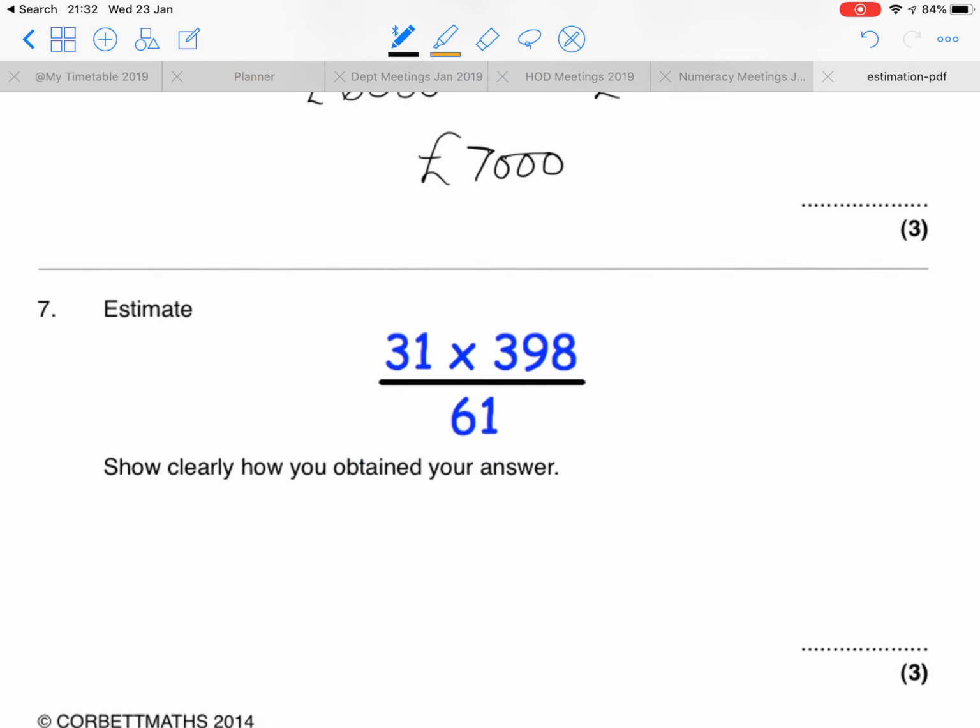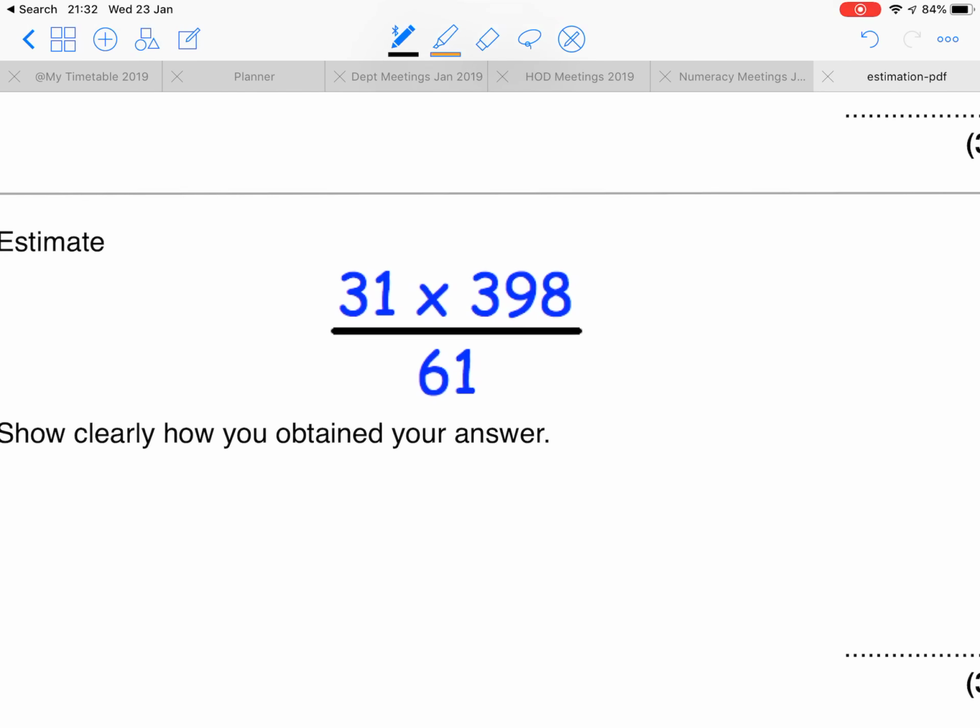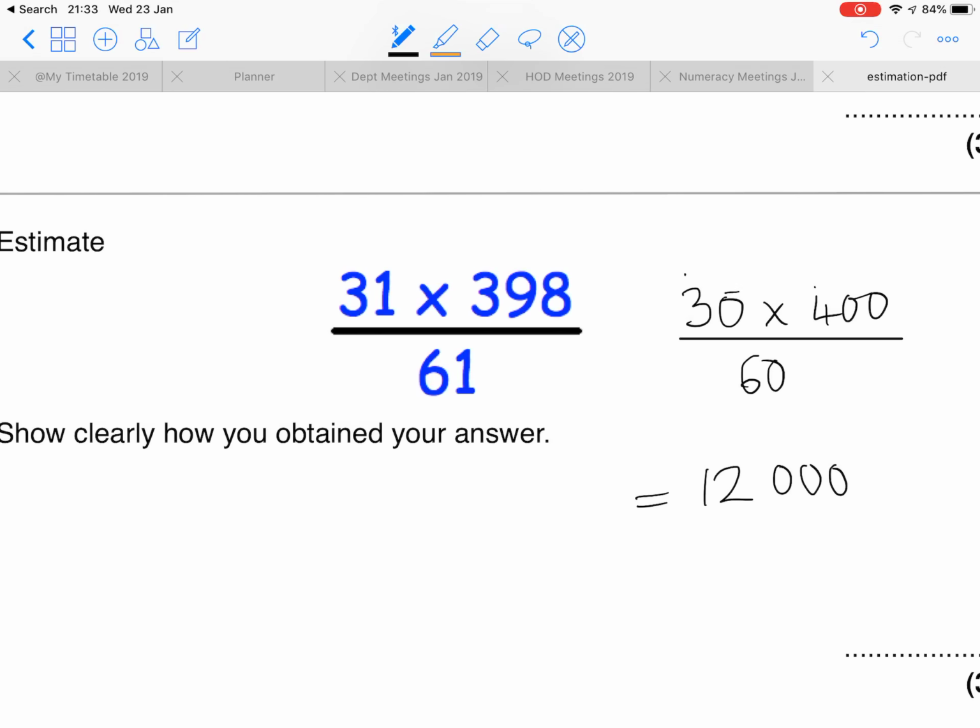Third and final one, similar to question 5. So we're going to have on the numerator 30, 400, and a 60. 3 4s will make 12, 0 0 0, divided by 60.